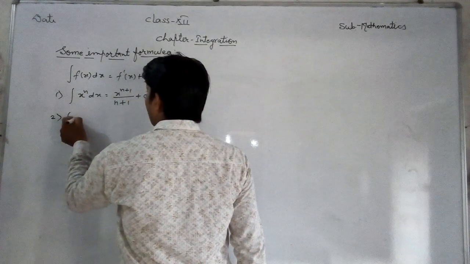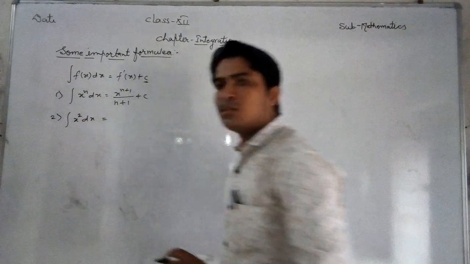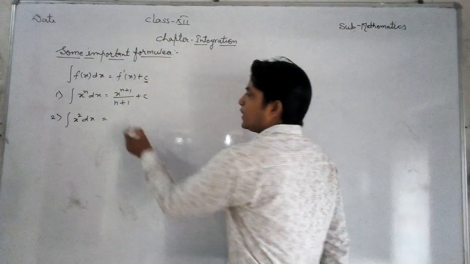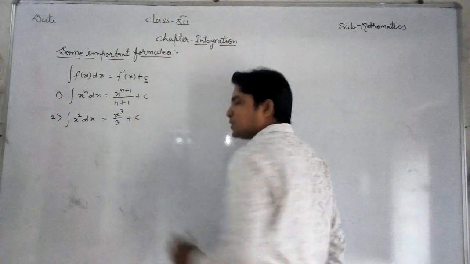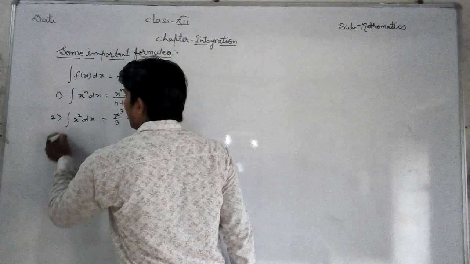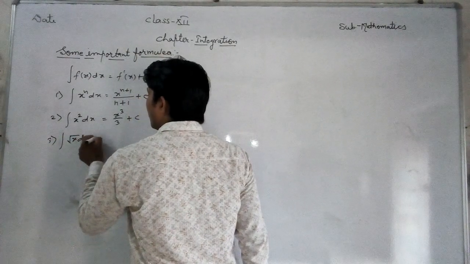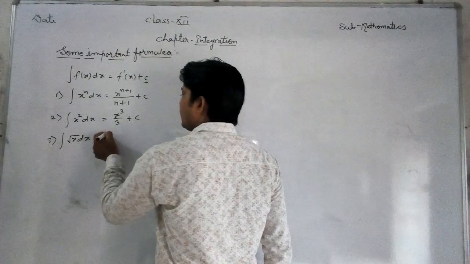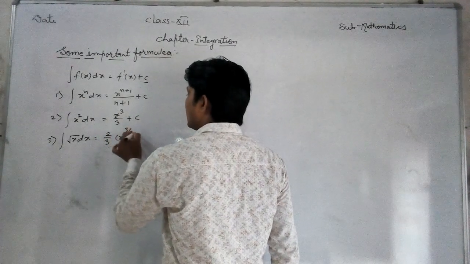Now our second formula: if we integrate x squared with respect to dx, we get x cubed upon 3 plus c. In similar terms, if we integrate root x with respect to x, we get 2 by 3 times x to the power 3 by 2.